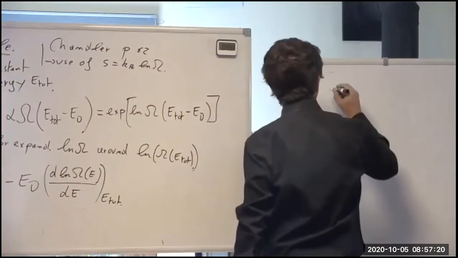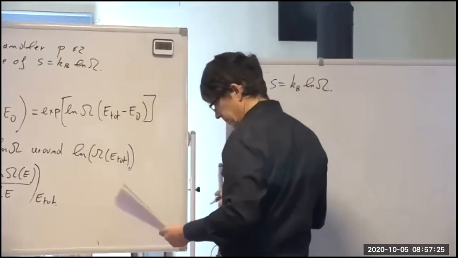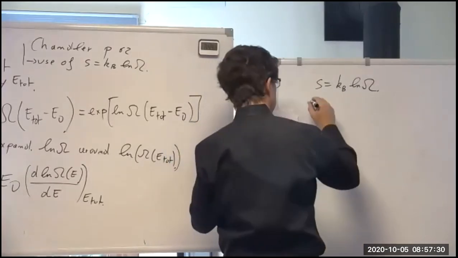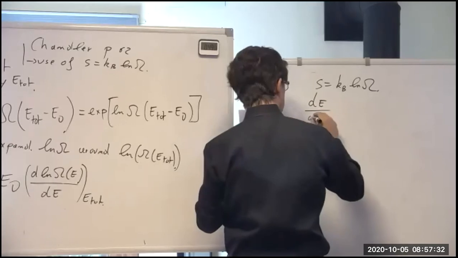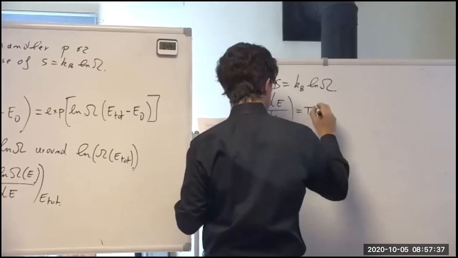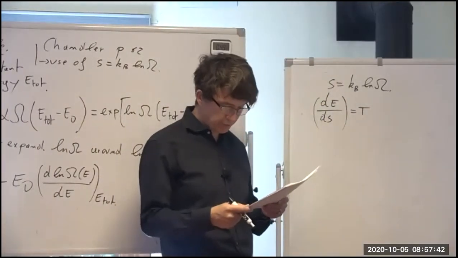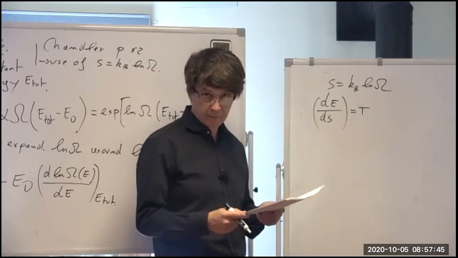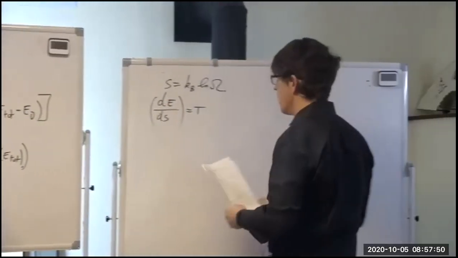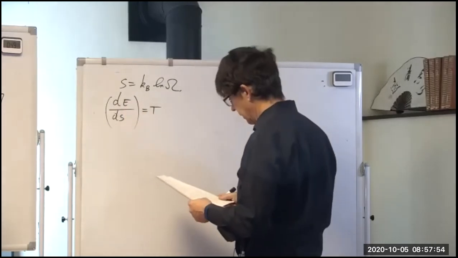Right? Because we have S is kB log omega. From thermodynamics, we know that the derivative of energy with respect to entropy is T. That's the equation of state coming from the internal energy formalism, where we called this U. Now it's called E. Okay.